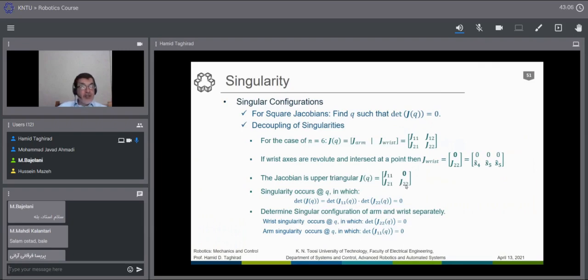And then we can find the singular configuration independently if the Pieper theorem applies, if we have 3 intersecting joints at the end. So in many cases, we call it the wrist singularity when the last 3 joints become singular, or the determinant of J22 is equal to 0, and the arm singularity where the first 3 joint angles become singular, and the determinant becomes 0.